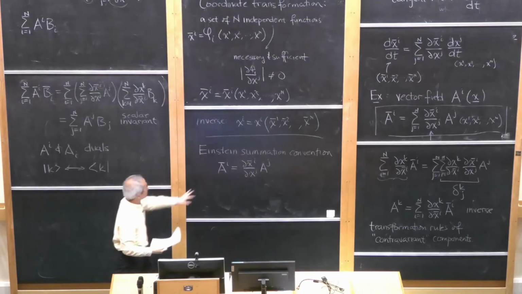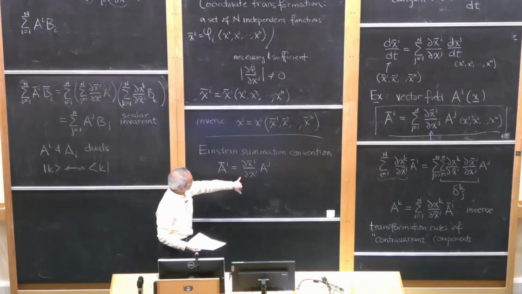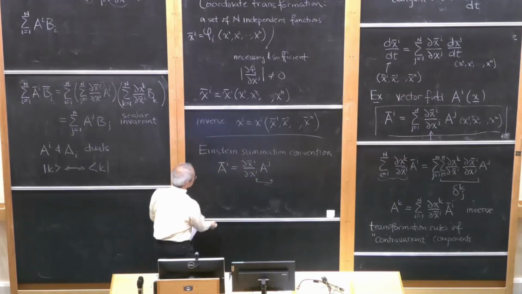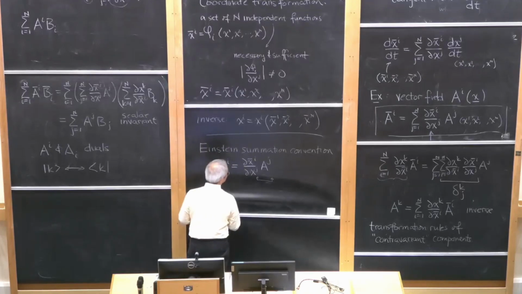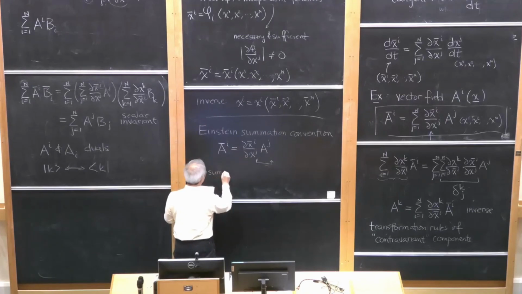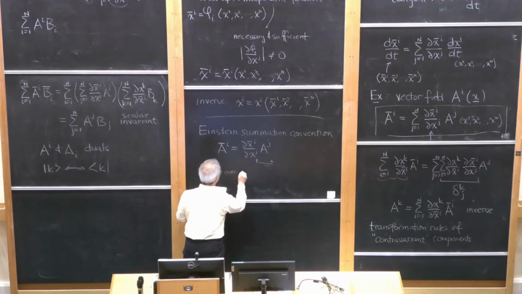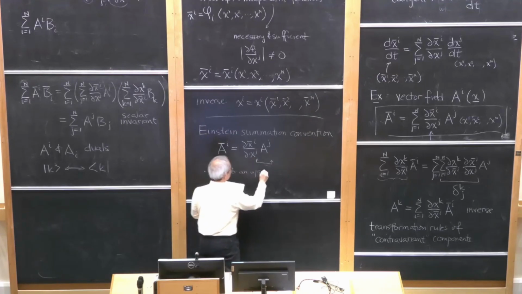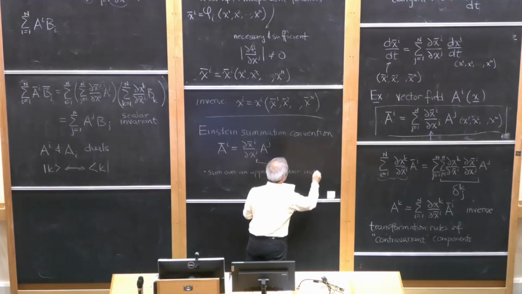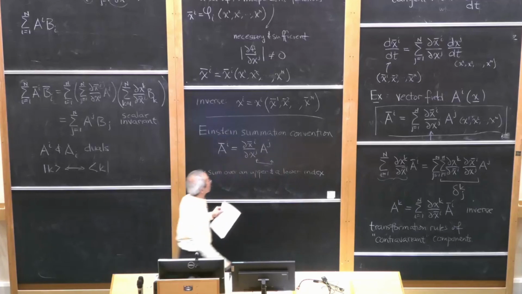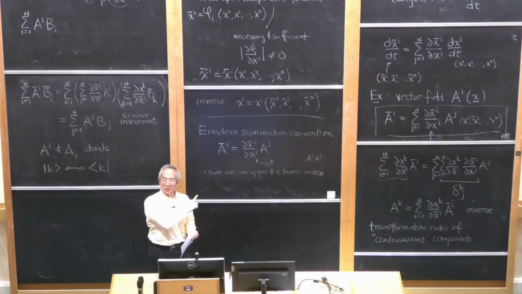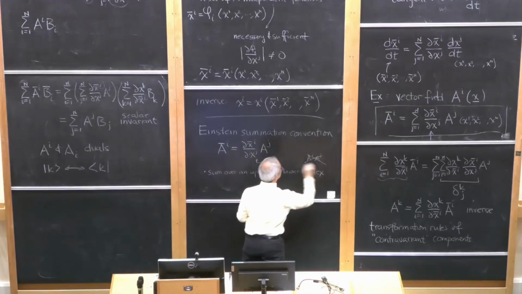So the way that we write the transformation rule is without the sum, and we're actually summing over repeated indices. It's a little bit more specific than that: sum over an upper and a lower index. That means that if you had something like A_i, you're not summing over that. So don't sum over that.